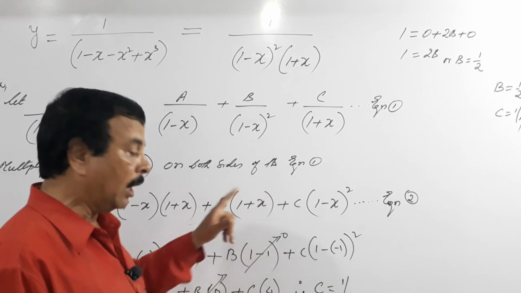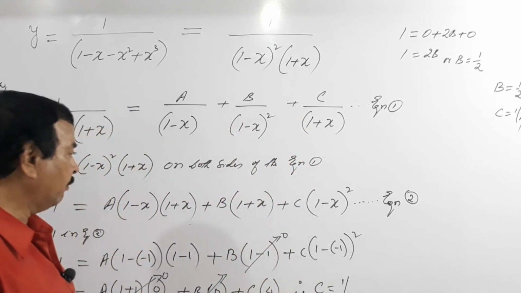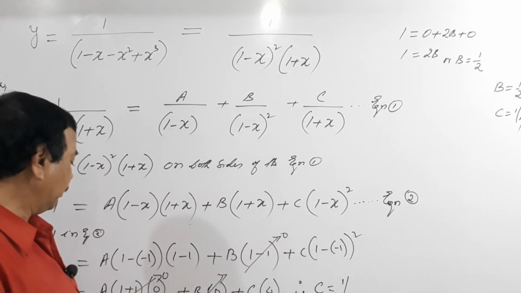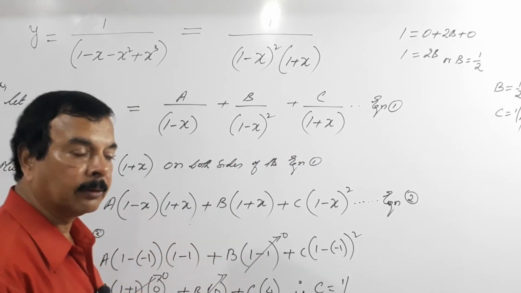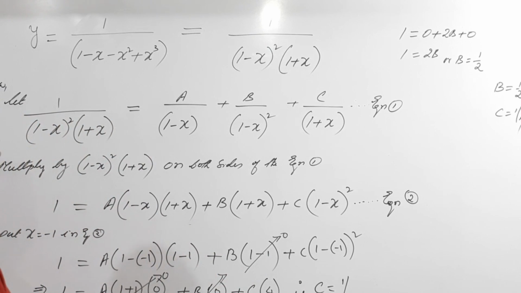So what you do in the last step: you have got b and c, and you have to get the value of a. So put x equals 0. That is the technique you have to use here.